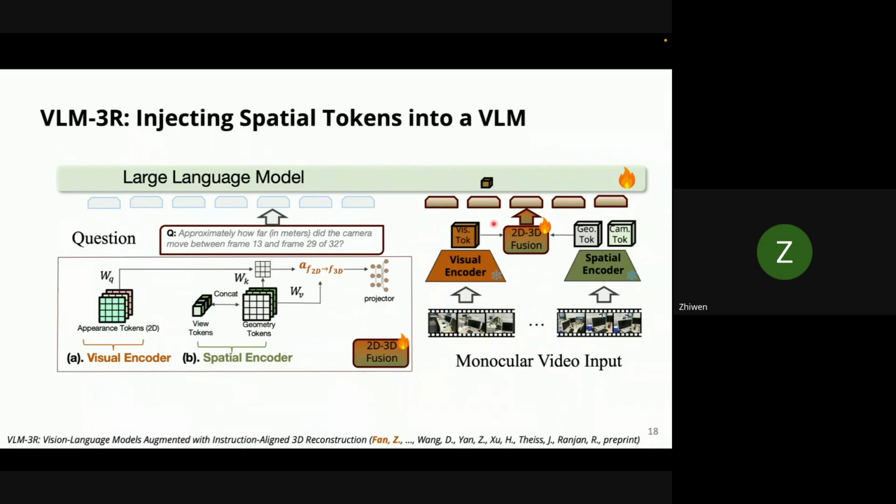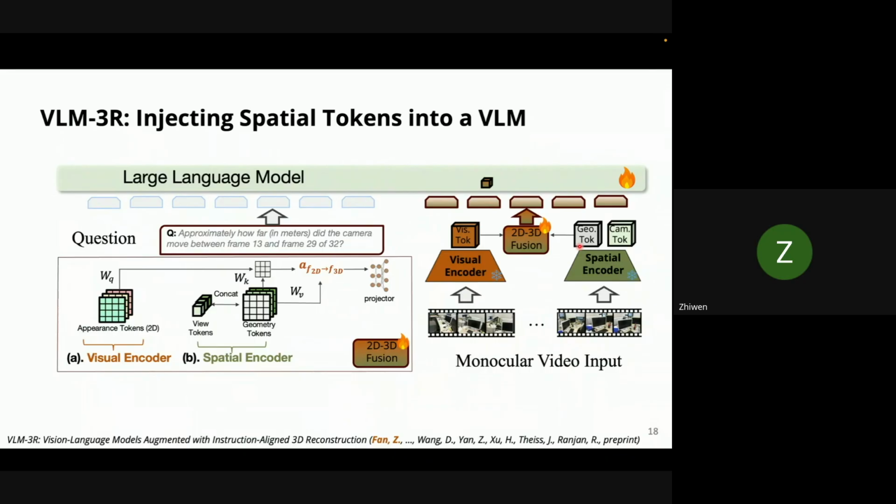Because we are trying to preserve all existing information from the visual part and the language model, we only want to introduce residual learning from the geometry token and the camera token. The geometry token represents the overall 3D structure of this environment, and the camera token represents where the current camera is, or you can think of it as the camera pose.